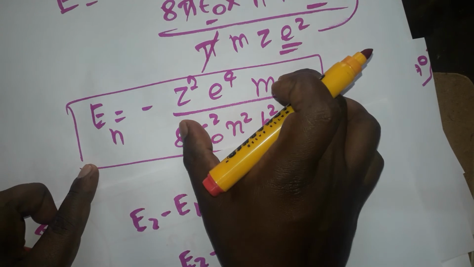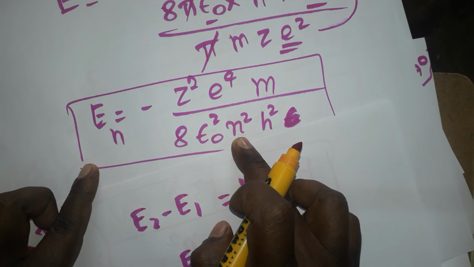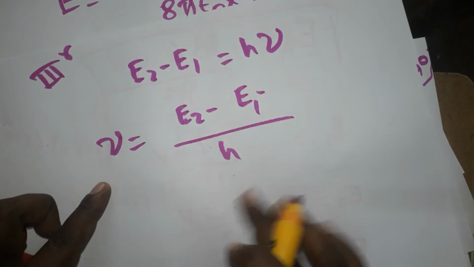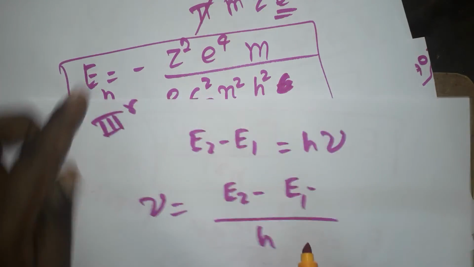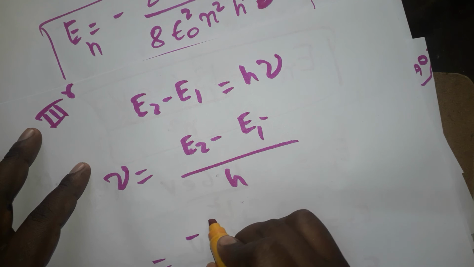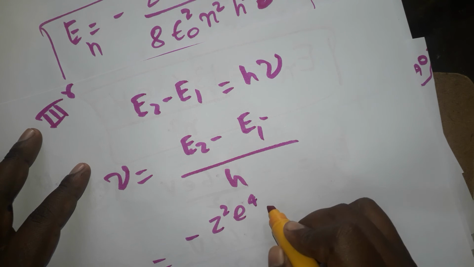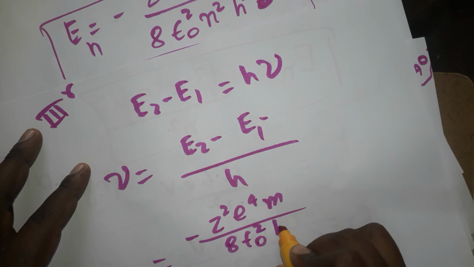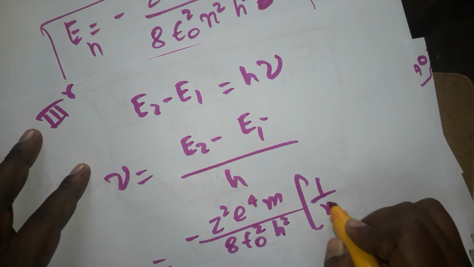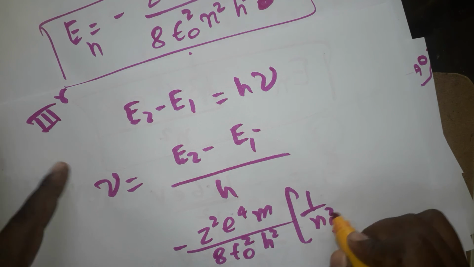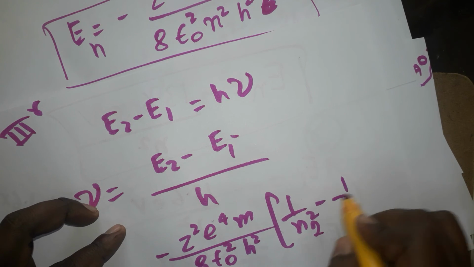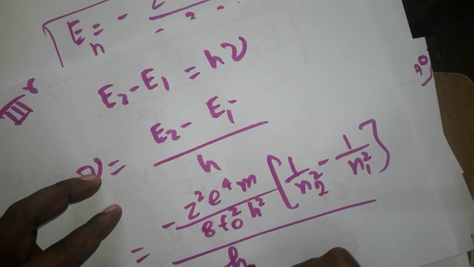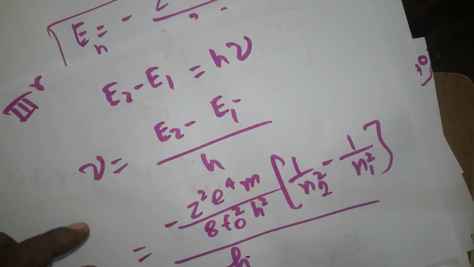If you substitute n1, it is going to be E1, and if you substitute n2, that is going to be E2. It is the same equation: minus z square e power 4 m divided by 8 epsilon naught square h square, times 1 divided by n2 square minus 1 divided by n1 square. Taking all the common terms outside into h, we get h cube, the Planck constant cubed.